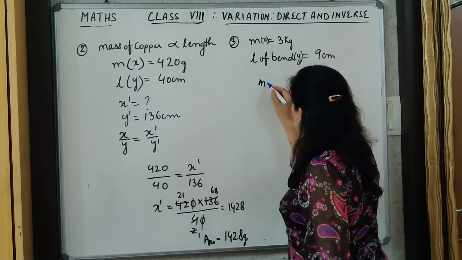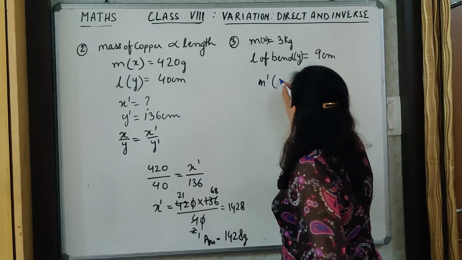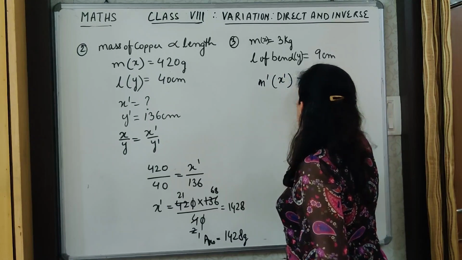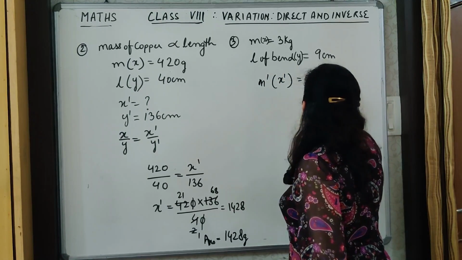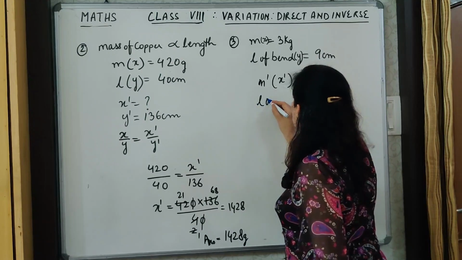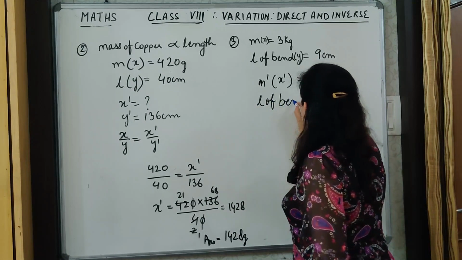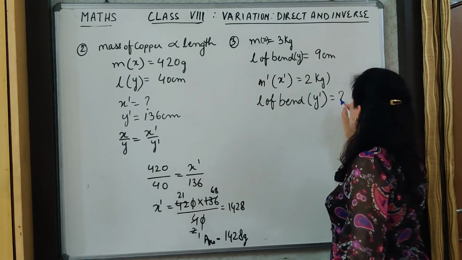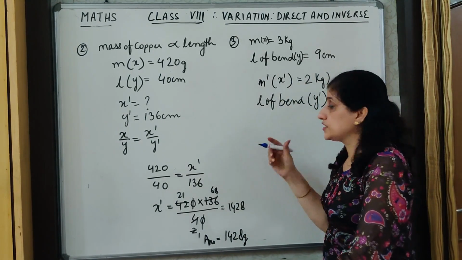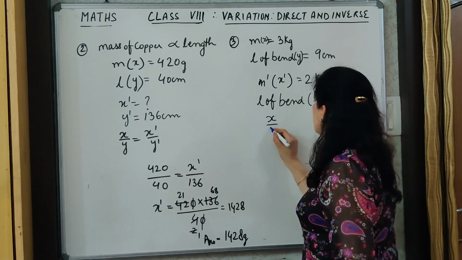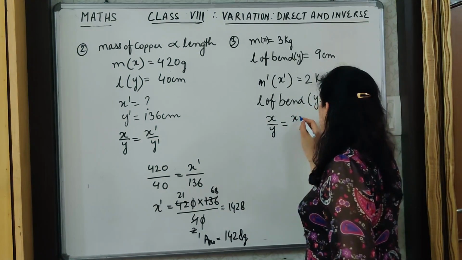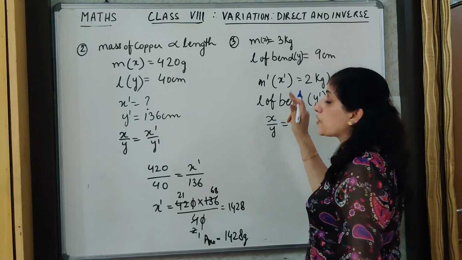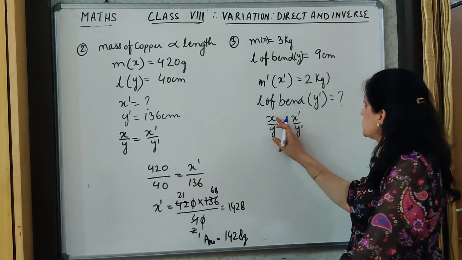Now mass, which will be x dash, is equal to 2 kg, and we have to find the length of bend which will be y dash. Just do not reverse this, and the question will be correct. Then you use the formula x upon y is equal to x dash upon y dash, because it is a question of direct variation.